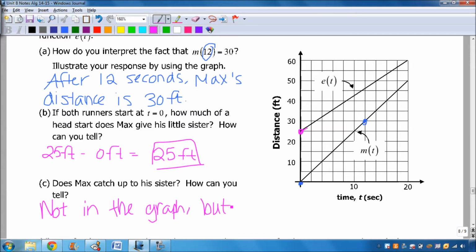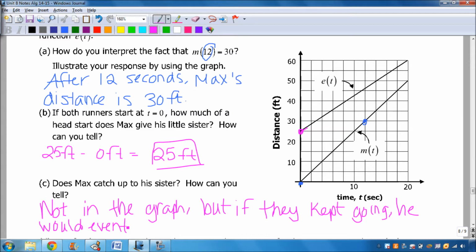But if they kept going, he would eventually catch up, because the slope is steeper.